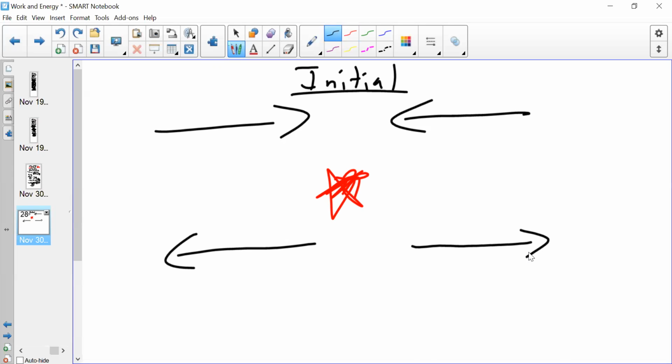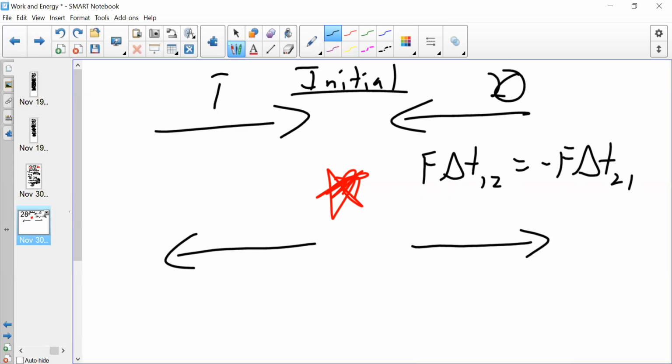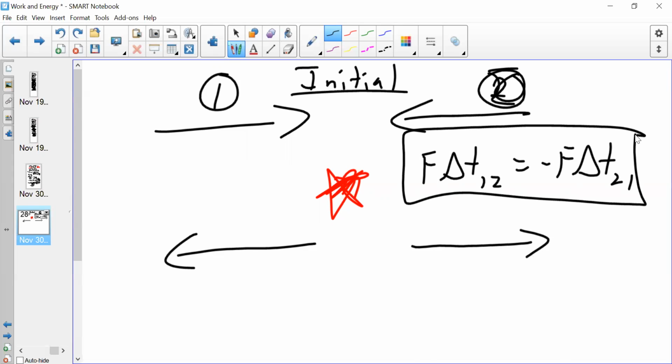F delta T, 1 on 2 is going to be minus F delta T of 2 on 1, this is object 2, object 1. Okay, so they hit at the point of collision. These impulses happen, they're equal and opposite, and then they rebound and go in opposite directions.